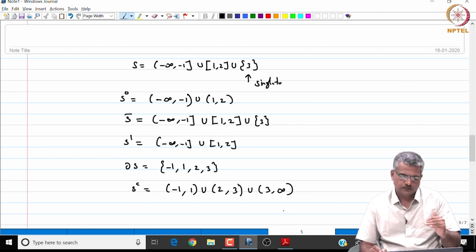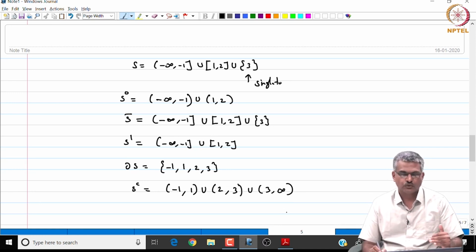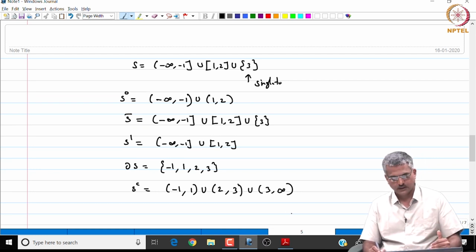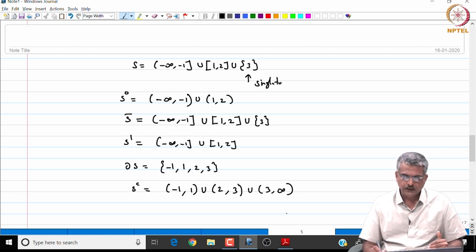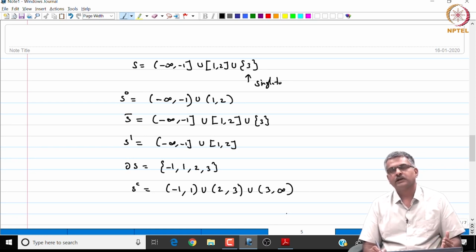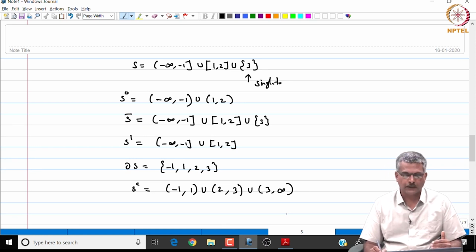So here is an example which captures the notion of interior points of a set, the closure of a set, the limit points of a set, the boundary of a set, and the complement of a set. In Rn we have seen that closed and bounded sets are compact.